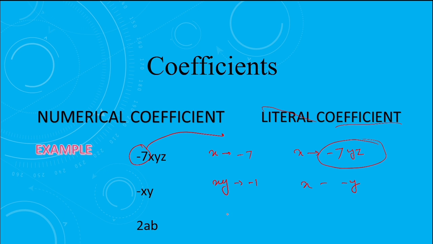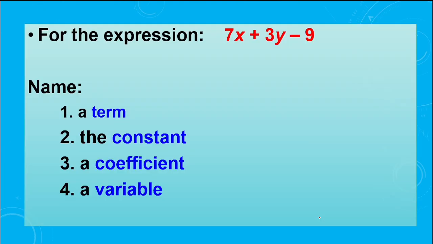Here the coefficient of a is 2, and the coefficient of a here is 2b. Okay. So next concept, for this expression, solve the questions. For the expression 7x plus 3y minus 9, name the terms. How many terms are there? 3 terms. 1, 2 and 3.